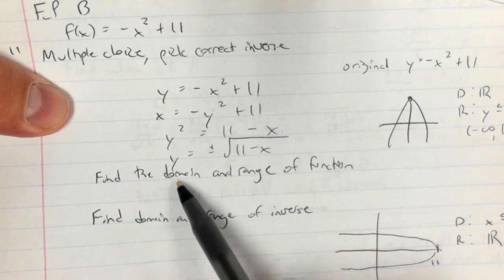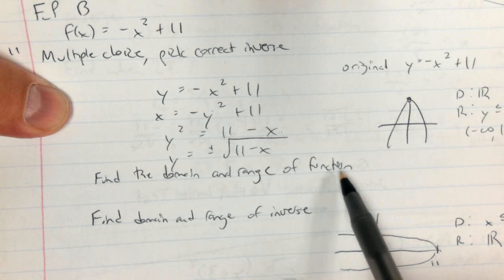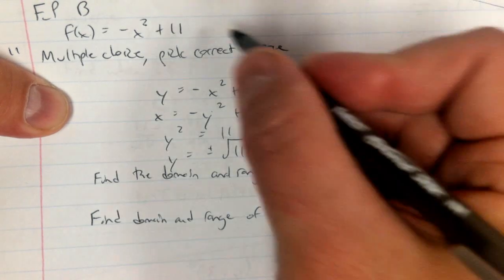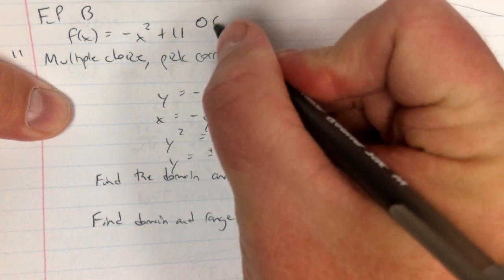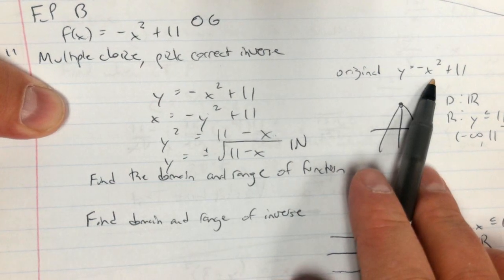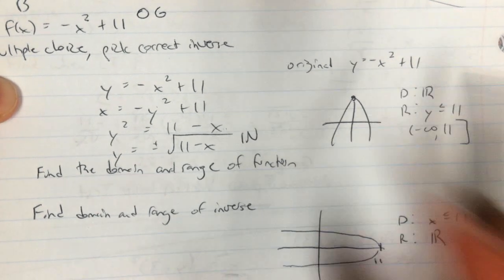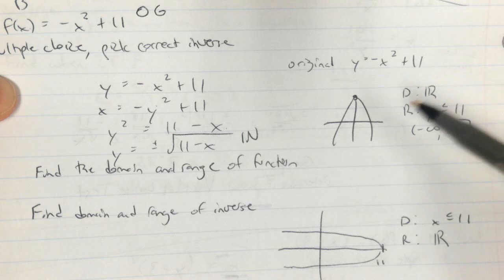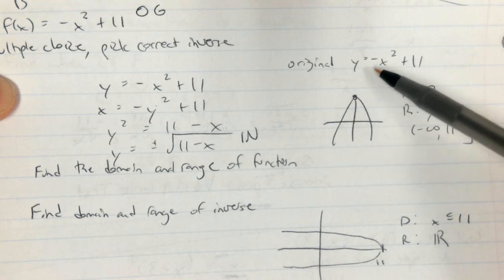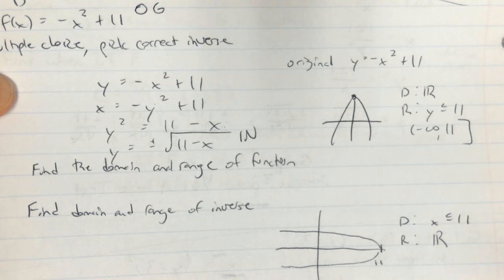Now you need to find the domain and range of the original function. So the original, which is this one, the OG, I put that over here, y equal negative x squared plus 11. So that would be a parabola that opens down and has a y-intercept of 11.